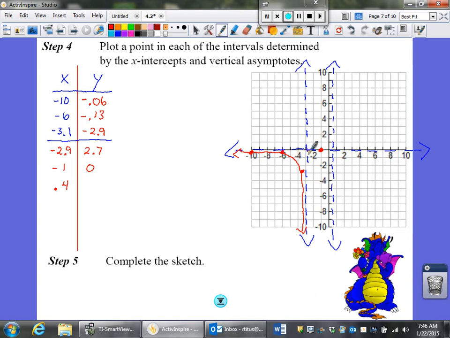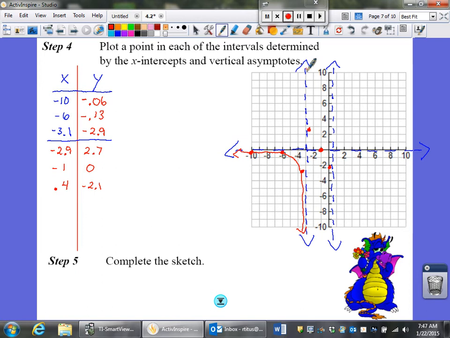Which is negative 2.9, and then positive 2.7 puts us about right here. We also have 0.4. And that comes out to be negative 2.1. Which right here, going down 2.1, puts us at about right here.